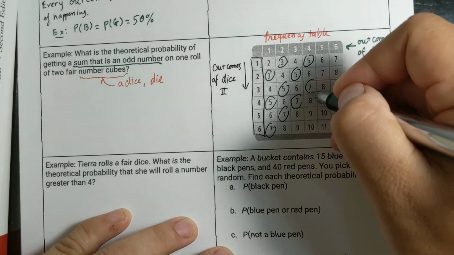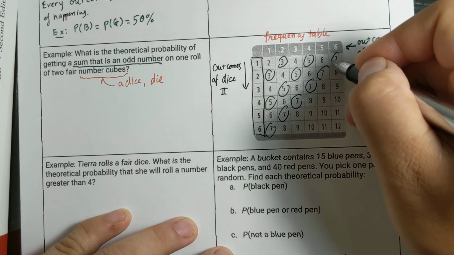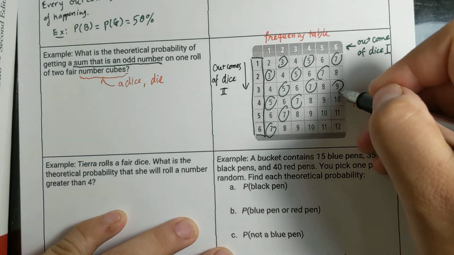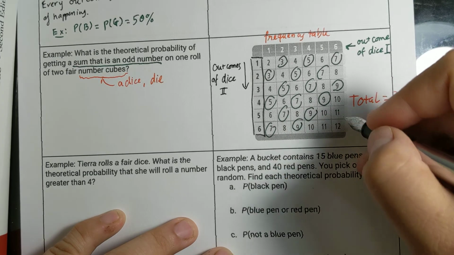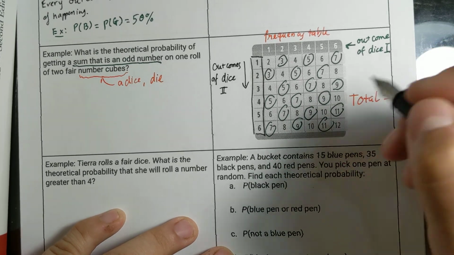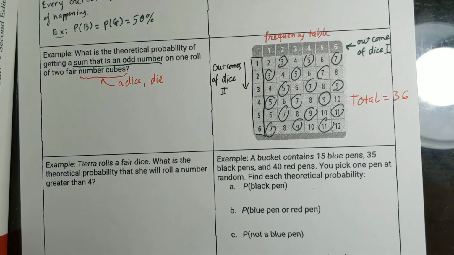You can see this really diagonal pattern here. It's really typical in a dice or in a box or anything like this. So once I have all of those circled out, I will count them.